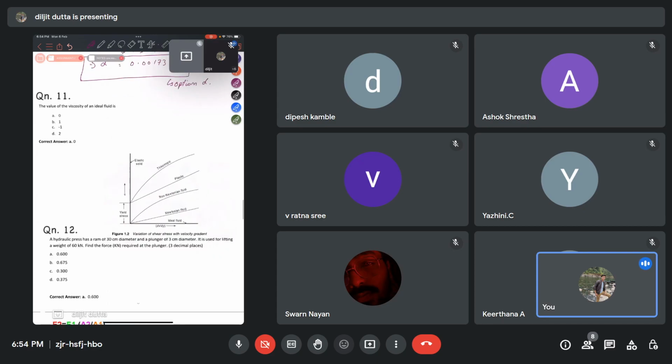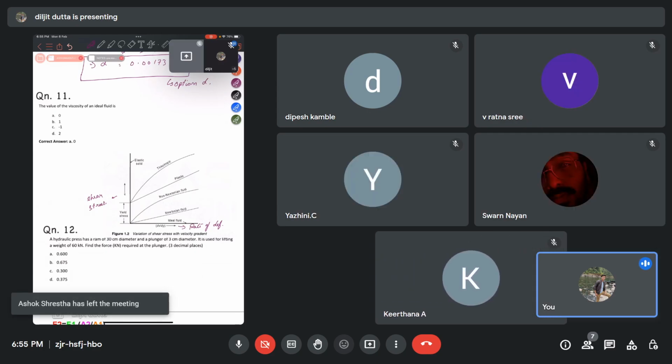You can see this is the graph. On the x-axis we have rate of strain, that is rate of deformation, and on the y-axis we have shear stress. For an ideal fluid, I have mentioned before also, it is incompressible and the viscosity is 0. So there is no shear between the fluid layers.